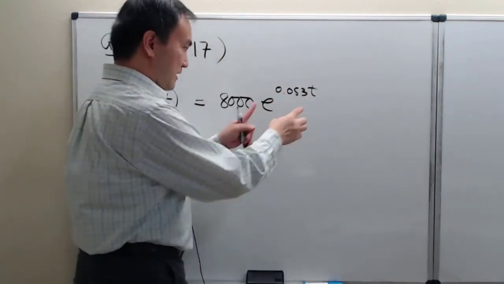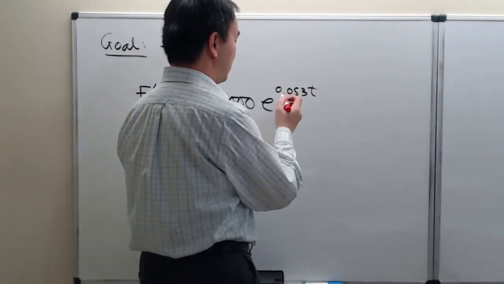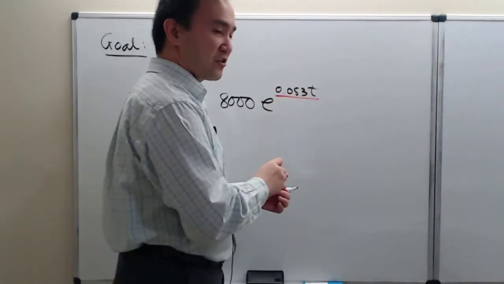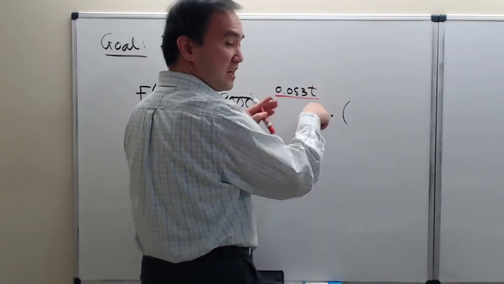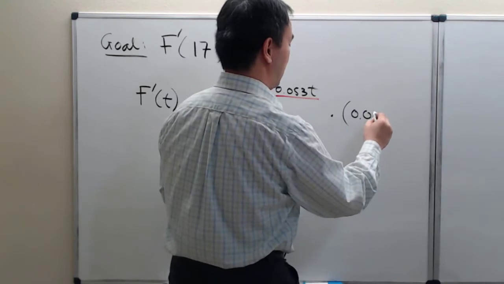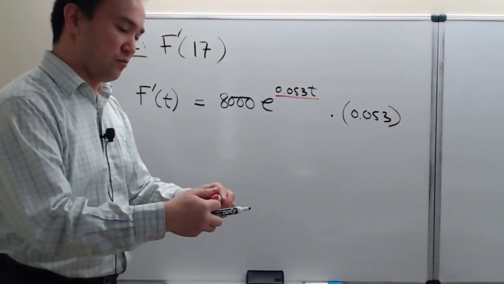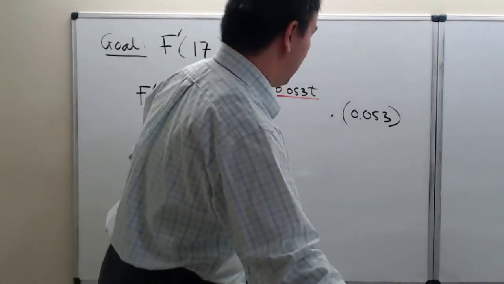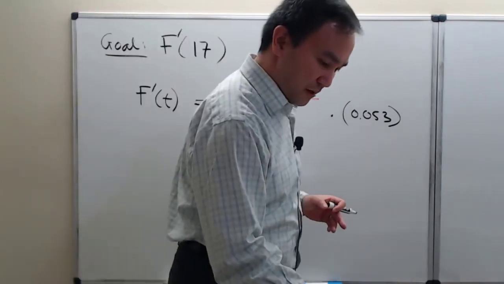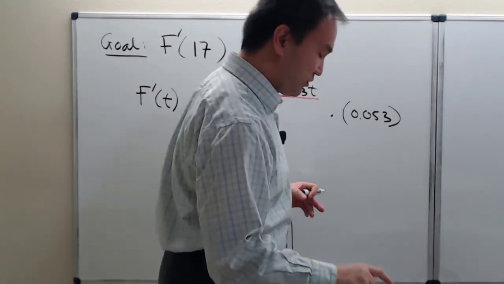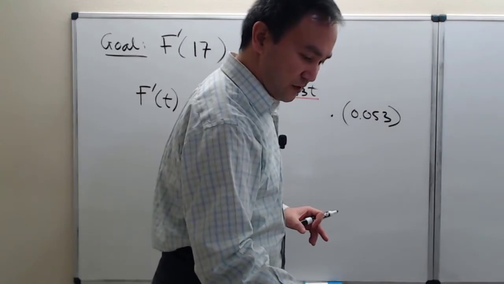But that part was the inside of our exponential function, so the chain rule says we need to multiply by the derivative of that inside, which gives me 0.053. All right, so now we have found the derivative of our function. Let me spend a little time to multiply these two numbers together. So point.